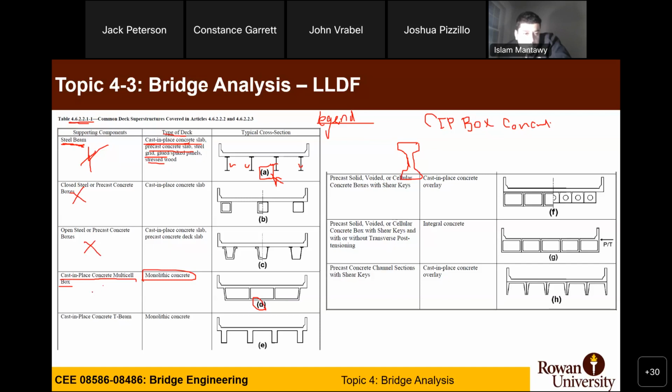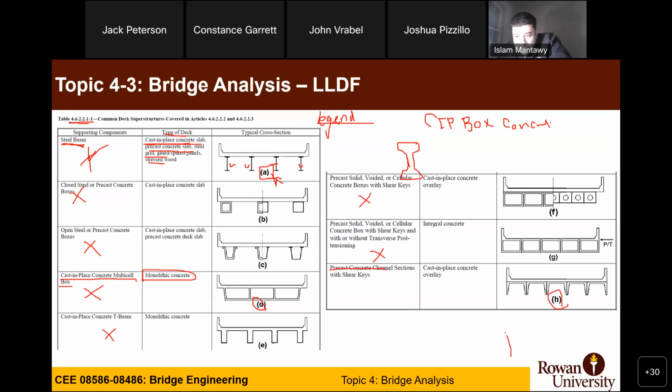Cast-in-place concrete multi-cell box, not this one. Cast-in-place concrete T-beam, not this one. Precast solid, void, cellular concrete, not this one. Precast solid void, no, this one. Do you think, guys, it's the edge? Nope, because it's a channel.